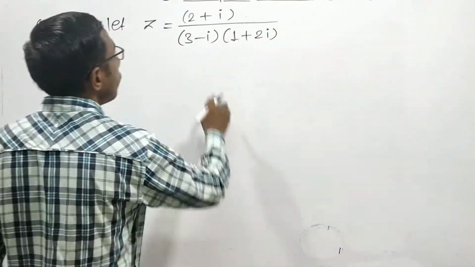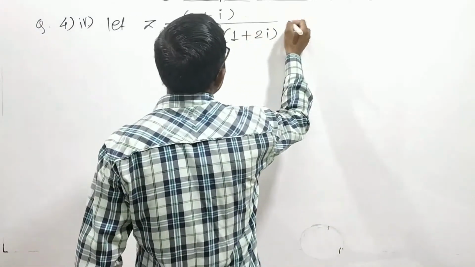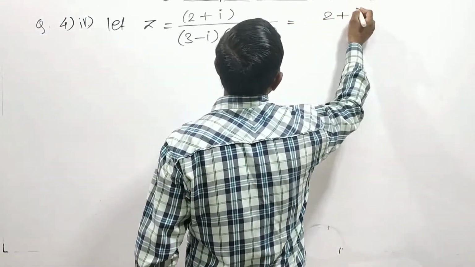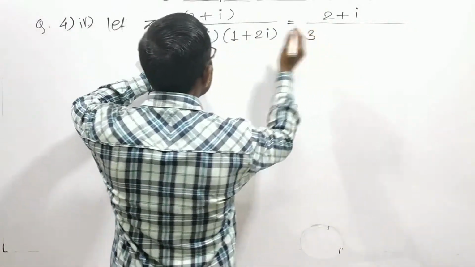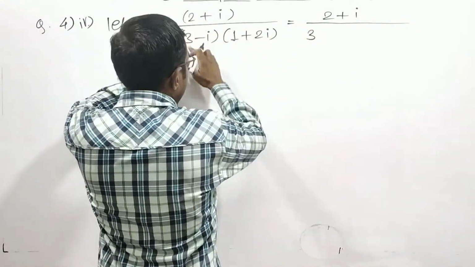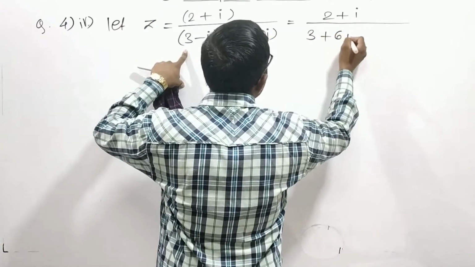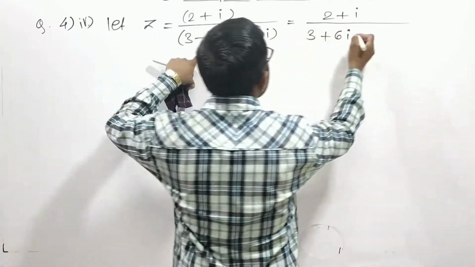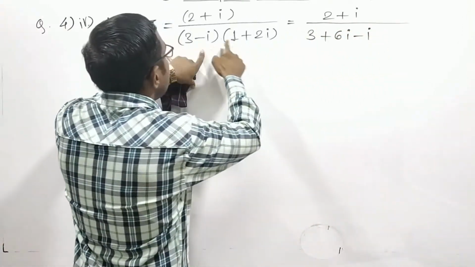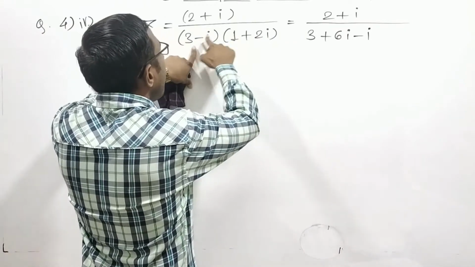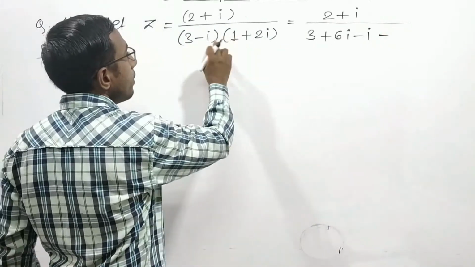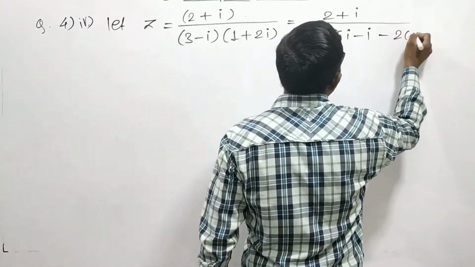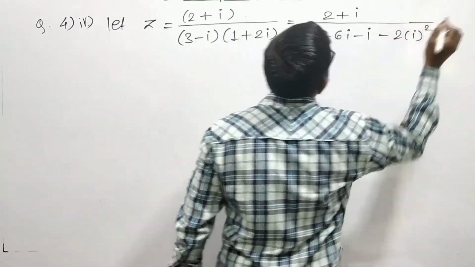Now first of all take the multiplication of the two complex numbers in the denominator. 3 into 1 is 3. 3 twos are 6i. Then plus of minus, minus i. Then minus of plus, it is minus 2i into i, as i square.